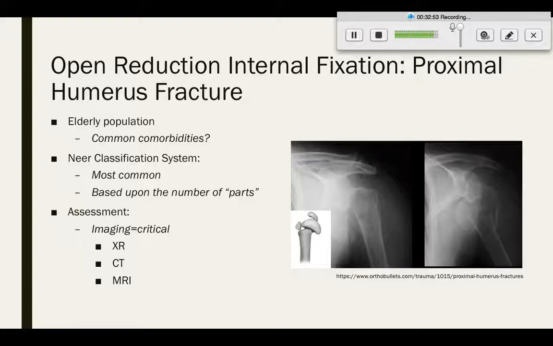Vascular supply is going to be essential to take into account from a healing perspective. And as a result, if there's a high level of soft tissue injury in addition to fracture, they may not even be able to stabilize the fracture via an open reduction internal fixation. They may have to go straight to joint replacement, which we'll talk about later on in the lecture.